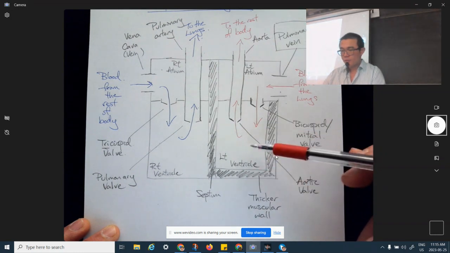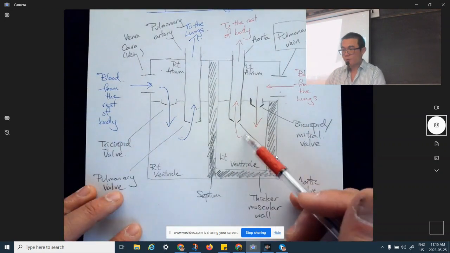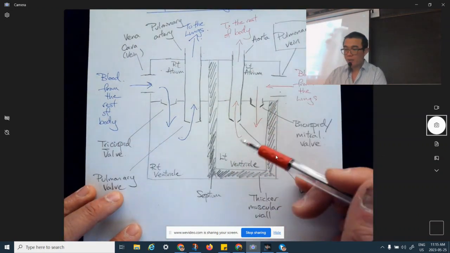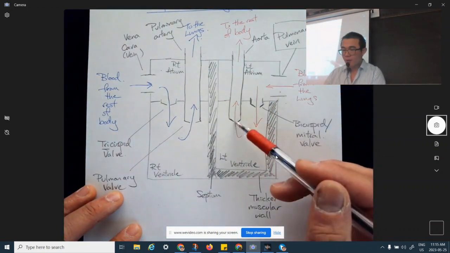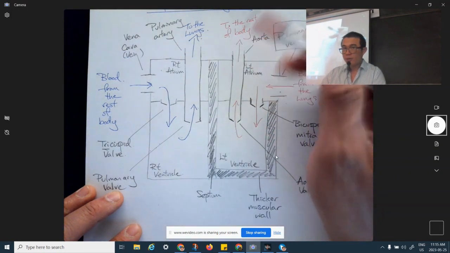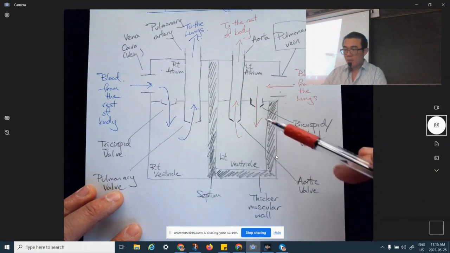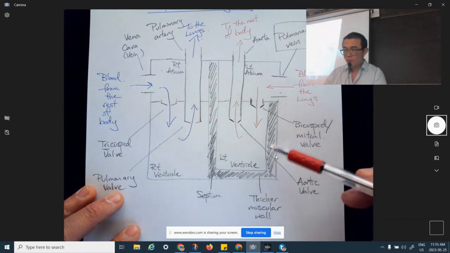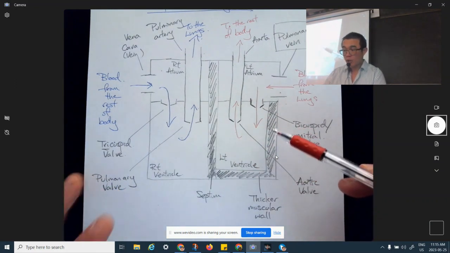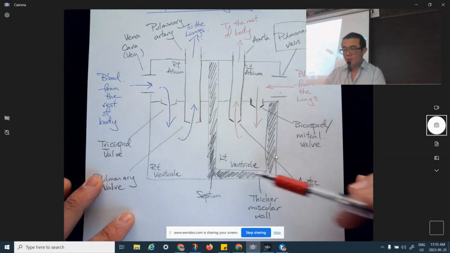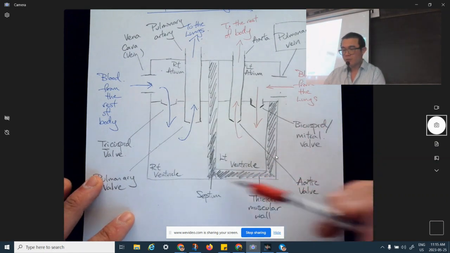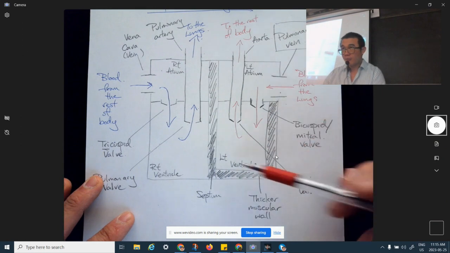The left ventricle, when it contracts, will push the blood through the aortic valve into the aorta, and that goes to the rest of the body. Because you need to create more pressure, it has to pump harder on the left side, you usually would tell from a thicker muscular wall on the left ventricle.